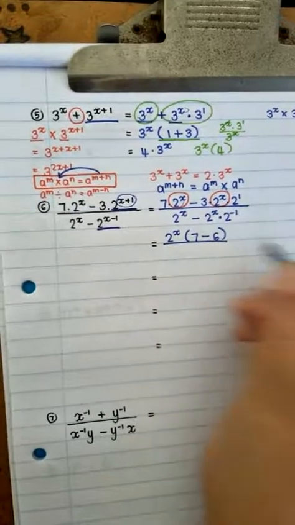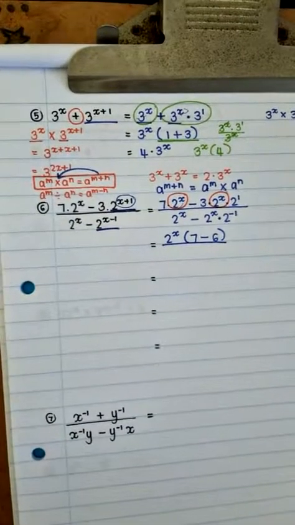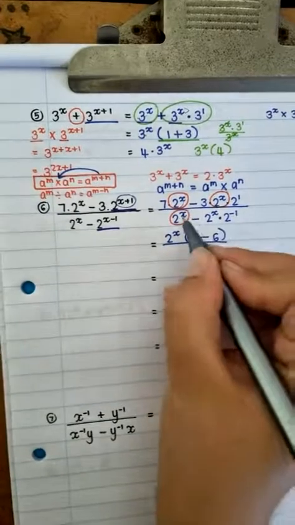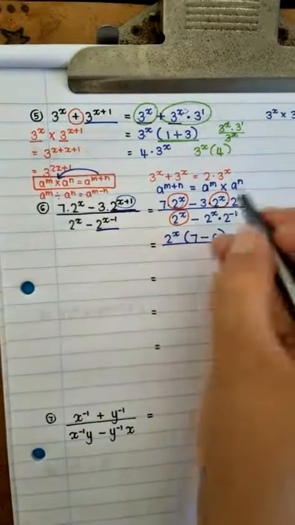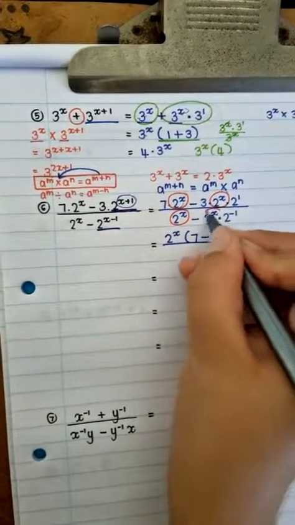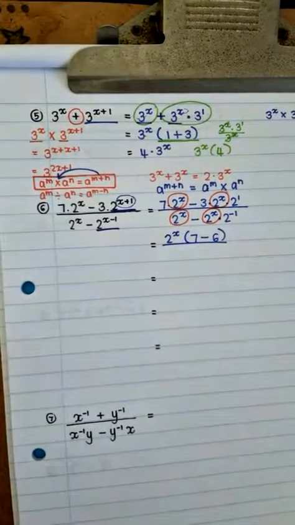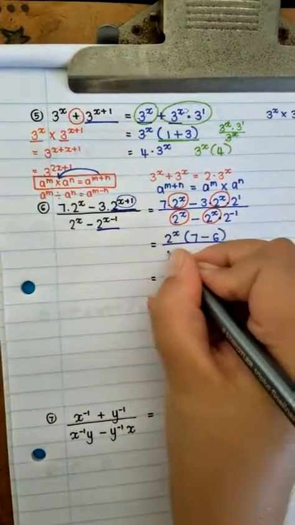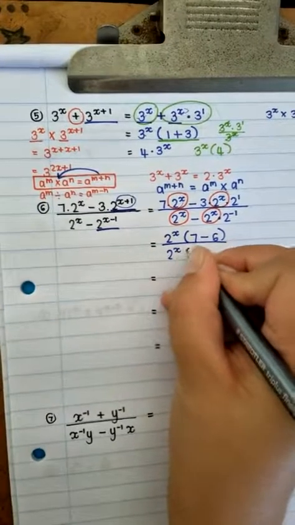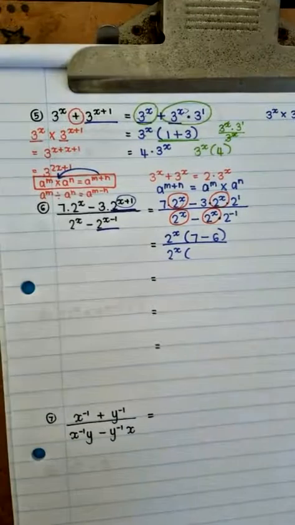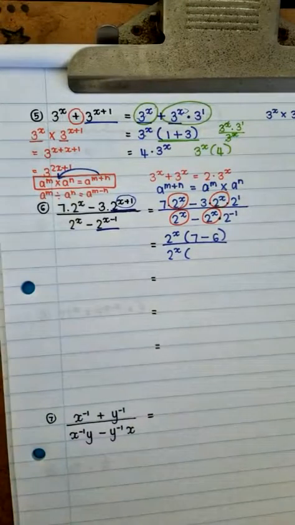Okay, let's do the same thing in the denominator. Again, here we have a 2 to the x in the first term. The whole first term, in fact, is 2 to the x. And then in the second term, we also have 2 to the x again. So again, 2 to the x is the common factor in the denominator as well. So we're going to write 2 to the x, bracket. Remember, again, when we're taking out a common factor, we divide each term by that common factor.